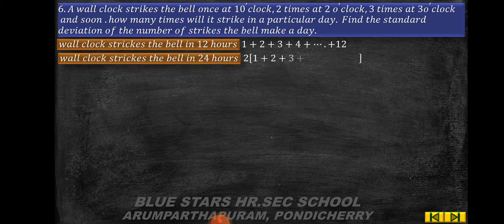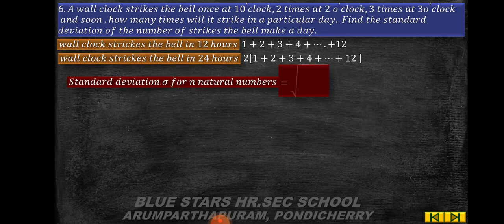Wall clock strikes the bell in 24 hours is 2 into 1 plus 2 plus 3 etc. up to 12. Then standard deviation sigma for n natural numbers is equal to root of (n square minus 1) by 12.